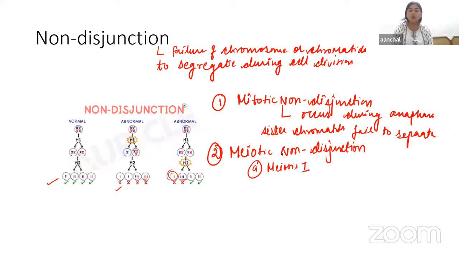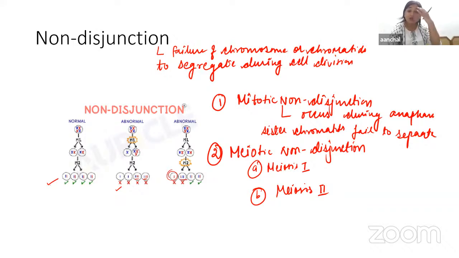Here homologous chromosomes fail to segregate at anaphase 1, and it leads to the formation of haploid cells with an abnormal number of chromosomes. In the second type, non-disjunction occurs during meiosis 2 when sister chromatids fail to segregate, and it leads to formation of half of the haploid cells with an abnormal number of chromosomes, as we can see. So this is all about non-disjunction.